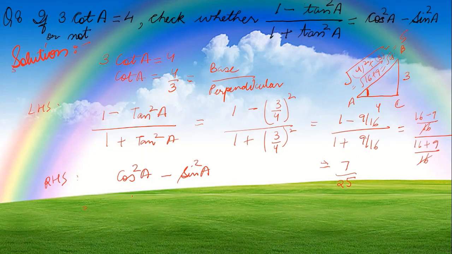So it will be 4 upon 5 whole square minus sin A is perpendicular upon hypotenuse, so it will be 3 upon 5 whole square. So it is 16 upon 25 minus 9 upon 25. So it is 7 upon 25. So from here you can say left hand side equals right hand side.